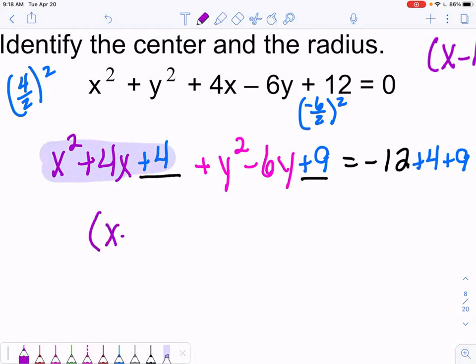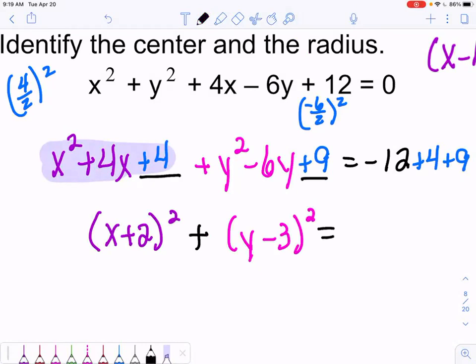x plus 2 squared. And then the y. And on the other side, 1. This is now the standard form of our circle.